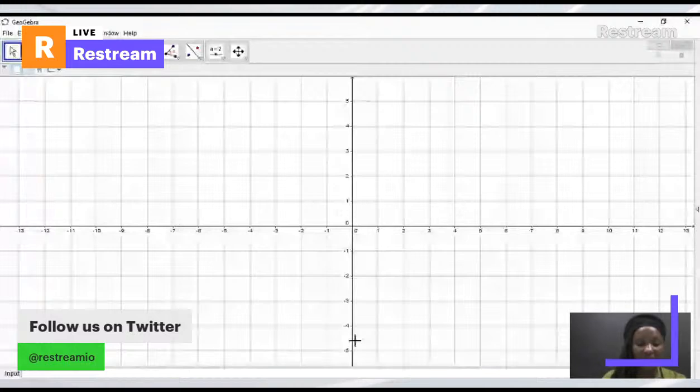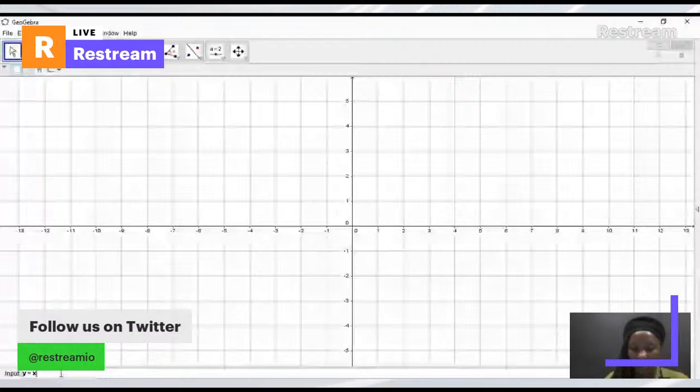Down here at the input on the GeoGebra taskbar, you put in the equation or function y equals x and press enter. GeoGebra has drawn the line for you.